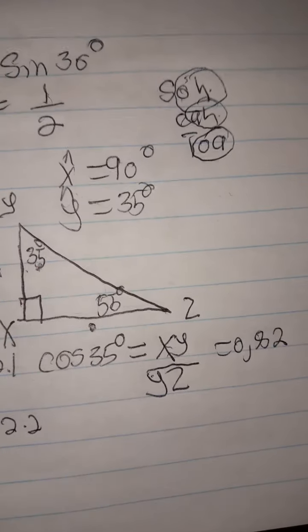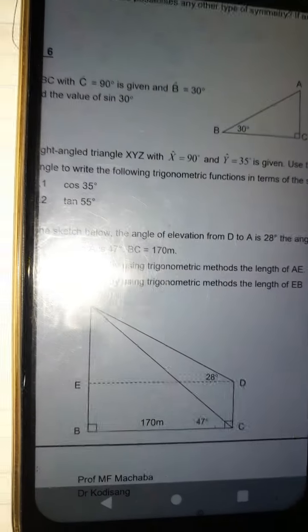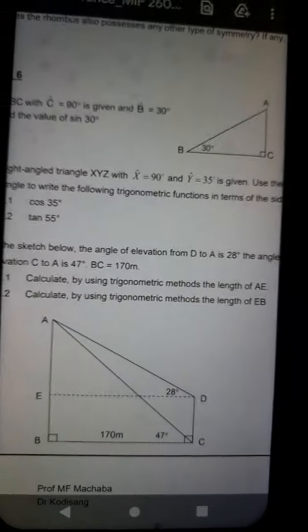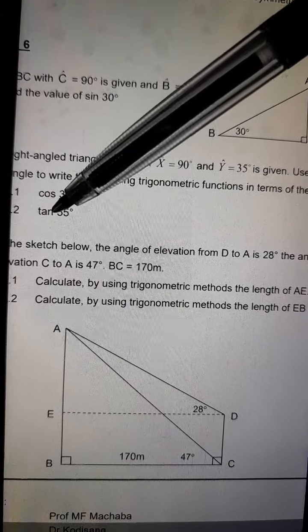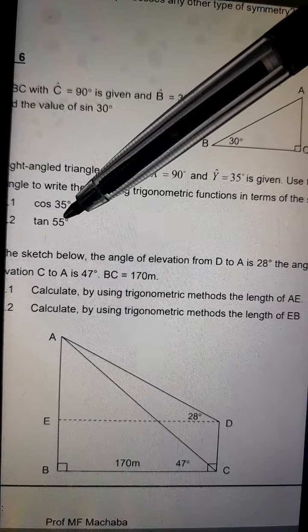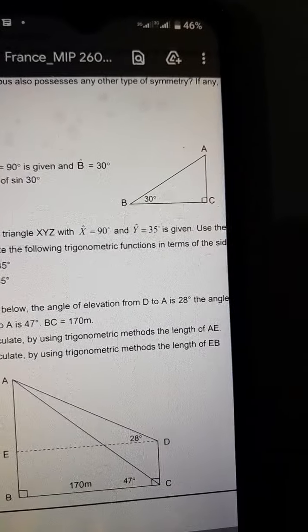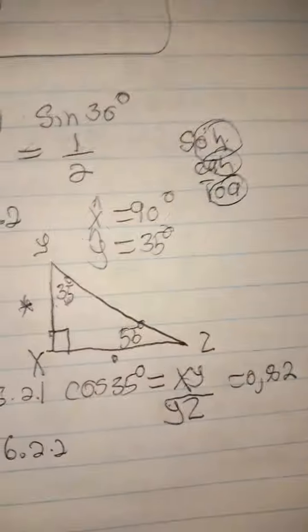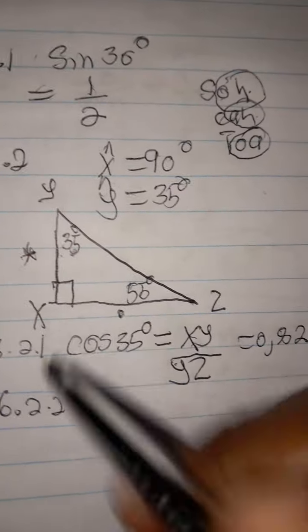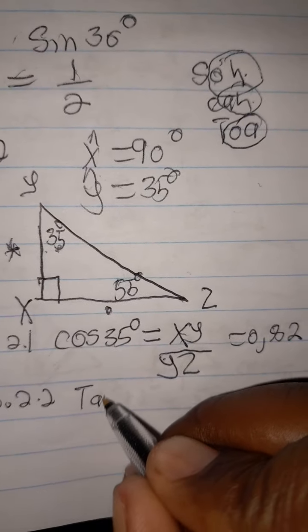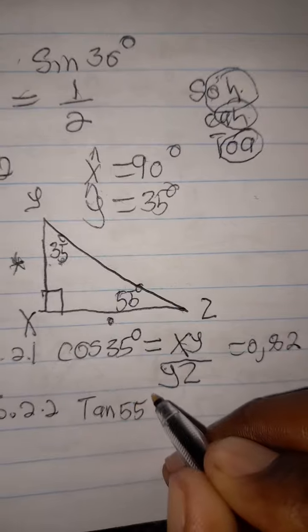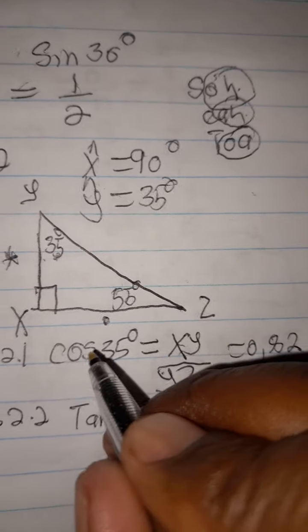At 6.2.2, we were required now to find tan 55 degrees. Let's put that into practice. We have tan 55. Remember, tan is opposite all over adjacent.